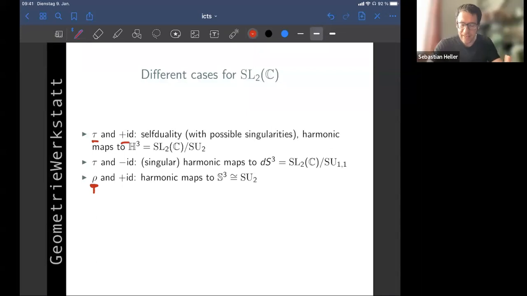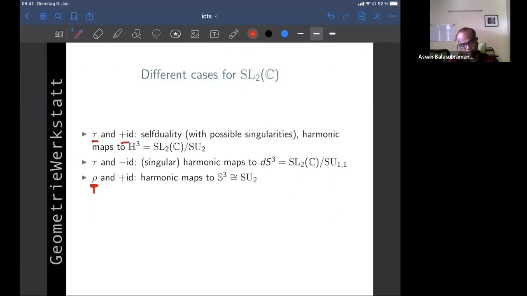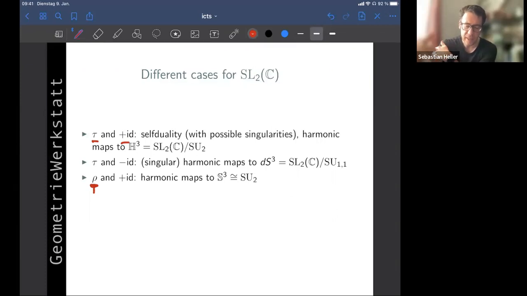Okay, so the analytic point of view on harmonic maps into hyperbolic space is much better than this complex analytic point of view.